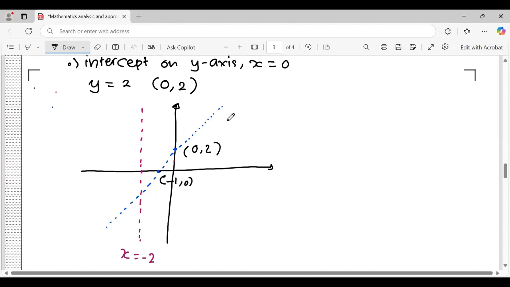And then we sketch the curve like this. This is the asymptote. Okay, this is the graph.